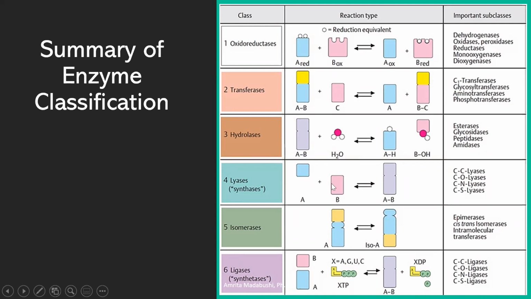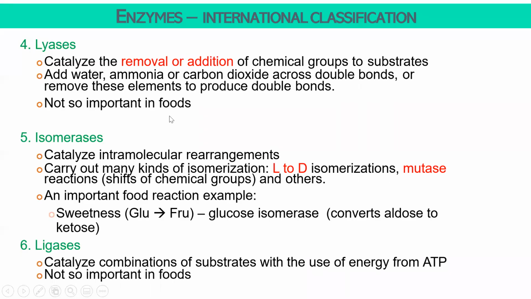These are the substrates, and they can be combined together, because this is what you are actually adding to this B. And so there are different examples here, like carbon-carbon, C-O, or C-N lyases, or synthases that are possible. Another name for that is synthase.